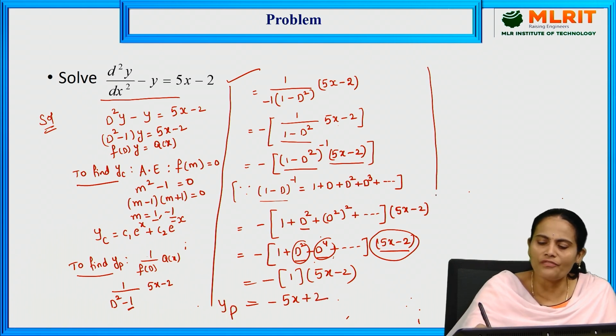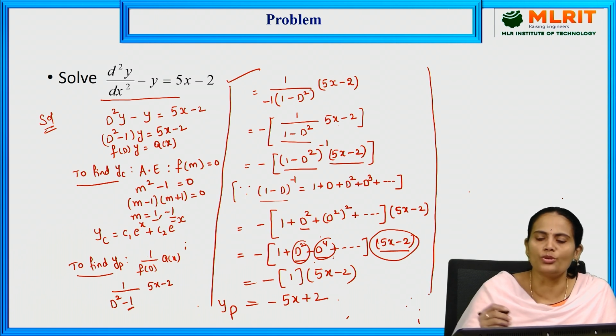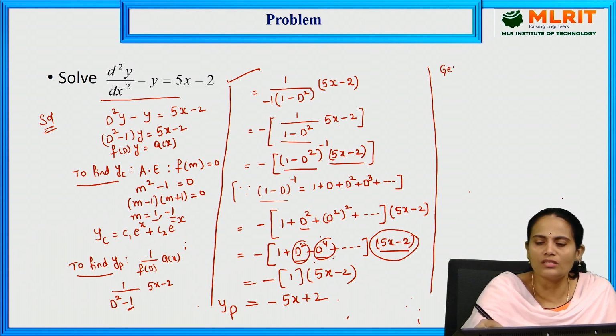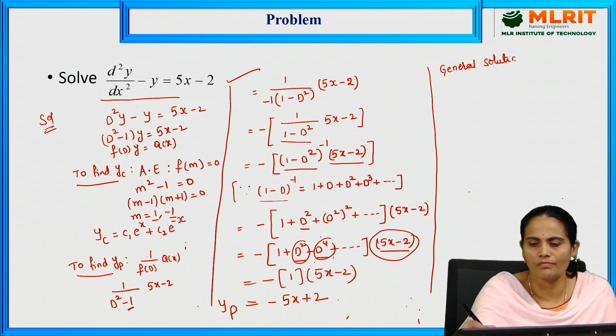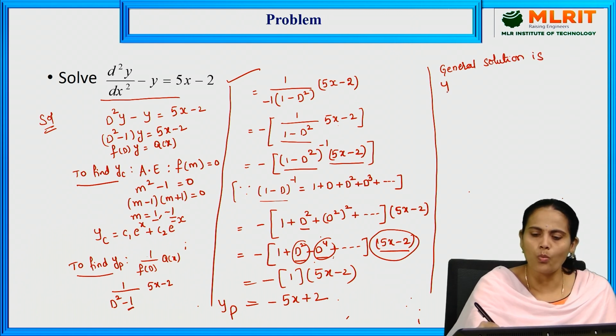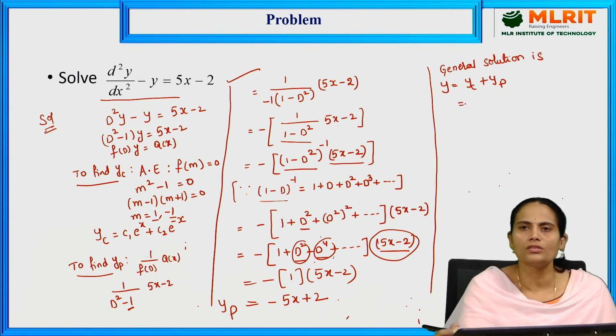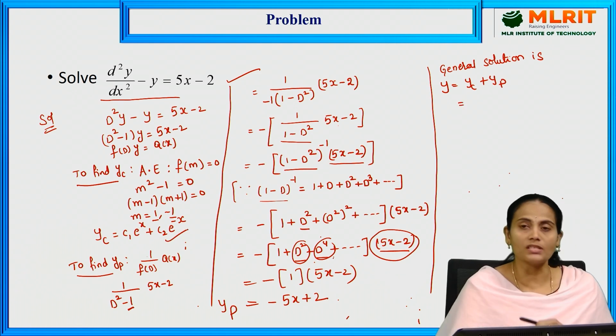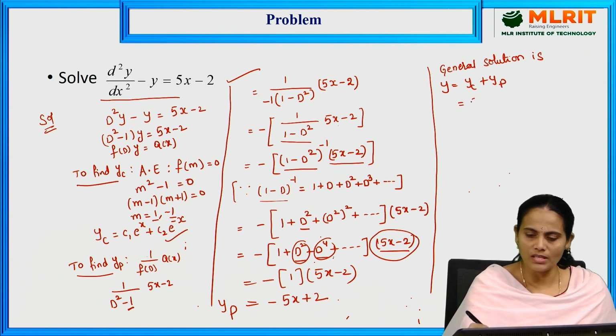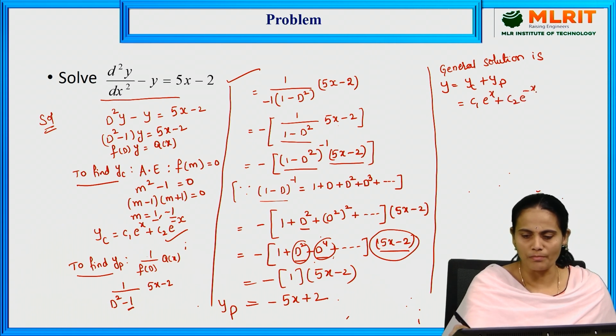So now finally write the general solution. The general solution is y is equal to yc plus yp. So what is the yc here? So yc is equal to c1 e power x plus c2 e power minus x.